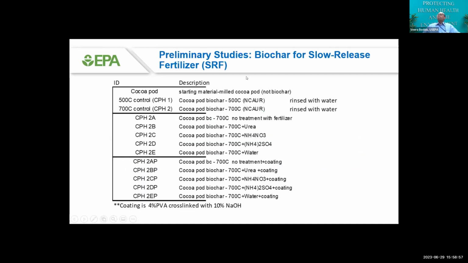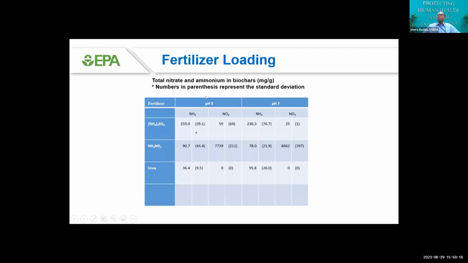And we have conducted slow release fertilizer preliminary studies, that is, the leaching studies. For this, we did various formulations, and initially we obtained the fertilizer loading.